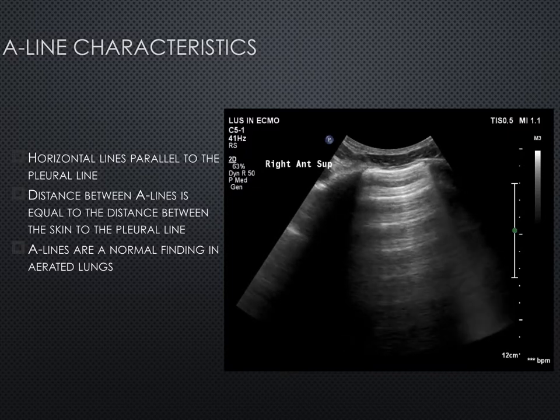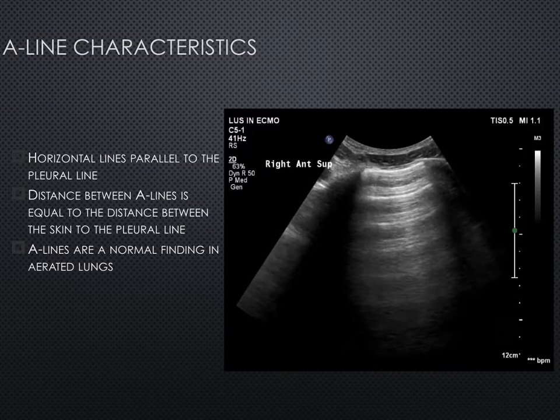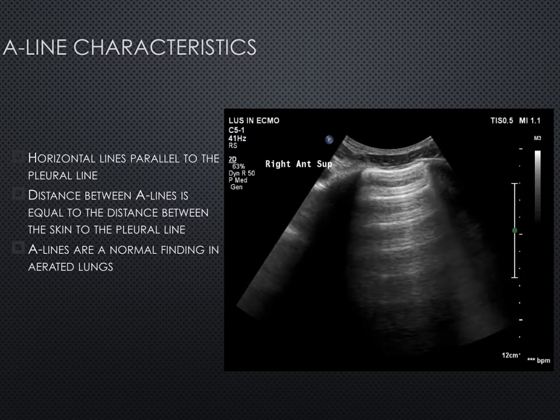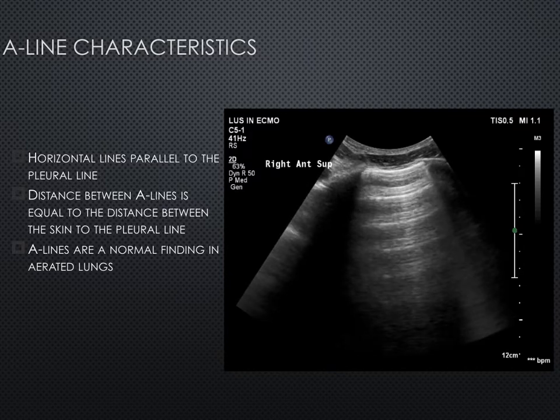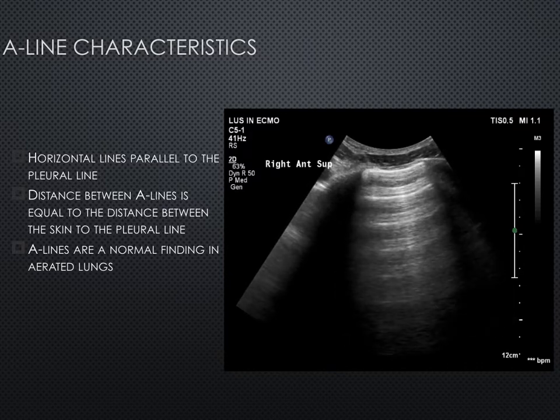And it's quite clear to see in this picture. You've got your normal bat sign. You've got a rib shadow just there superior to the pleural line or the pleural space that we are investigating. You've got a rib shadow below, and there's a little bit of a B line coming in here and there, but we'll touch on that next.